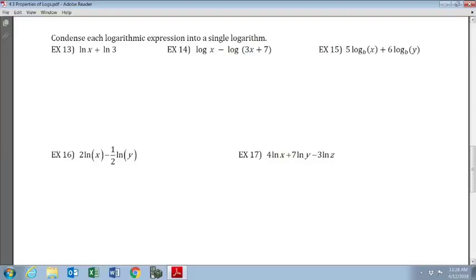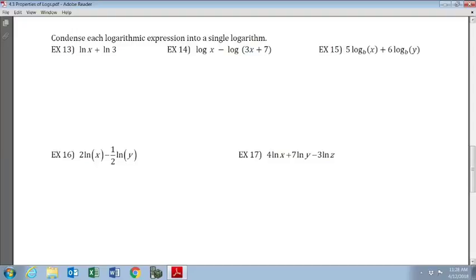And sometimes one form of a logarithm is easier to work with than another. So that's one place where we do this kind of thing. We're going to be doing it when we solve equations. In particular, if we have 2 logs, we'll combine those into 1. And so what we're about to do is more like what we're going to be doing when we're solving equations when we get to the next chapter, or the next section.